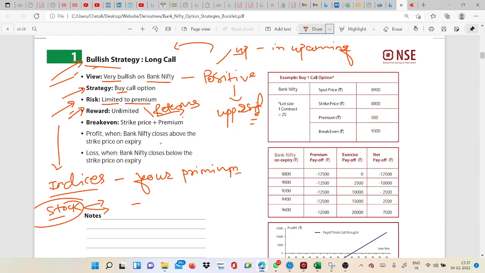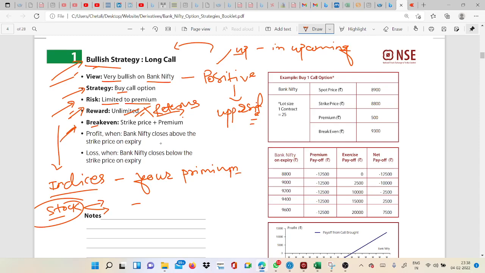And if the market goes very high from your strike price or break even point, then your contract would be in very huge profit. That depends. So even from an interview perspective as well, if we see any questions on this, like what would be the maximum profit? Unlimited. We can't predict how much would be the profit.